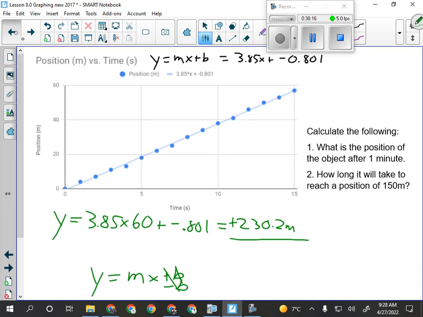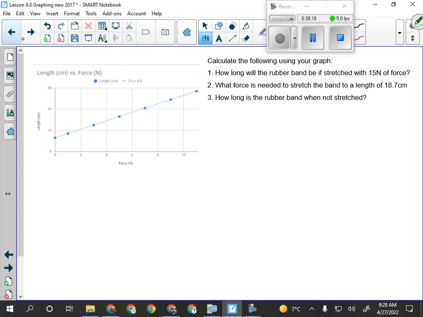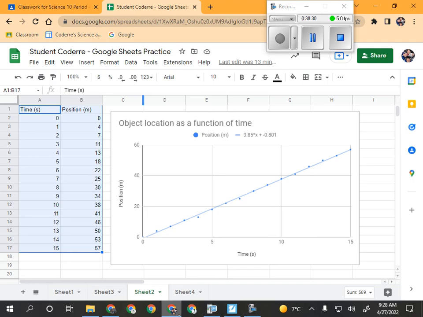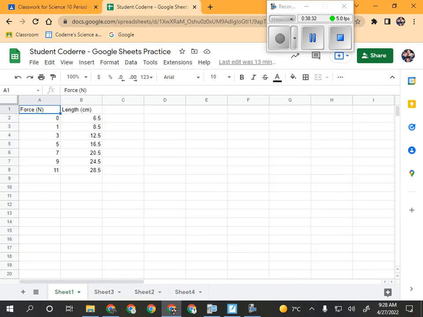Okay. I want you guys to go to the length versus force graph. That is sheet number 1. I want you guys to plot that graph.